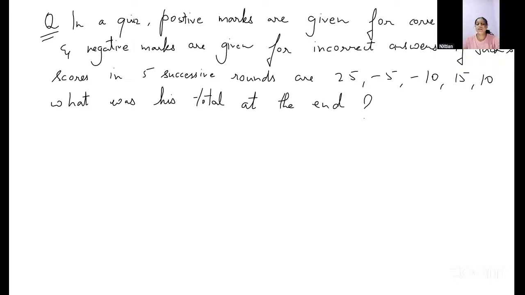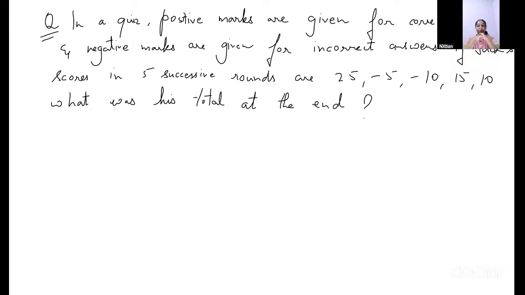Okay. Now the total is asked, so you have to add all these values. Add up 25, minus 5, minus 10, 15 and 10. Okay, understood the question? One quiz was there, and Jack was participating. So Jack participated in 5 rounds. When you get a correct answer, you will get positive marks. When you get an incorrect answer, Jack got marks in minus marking.